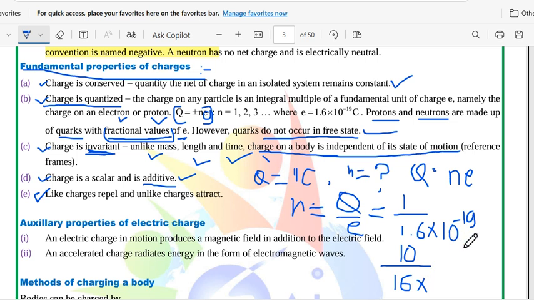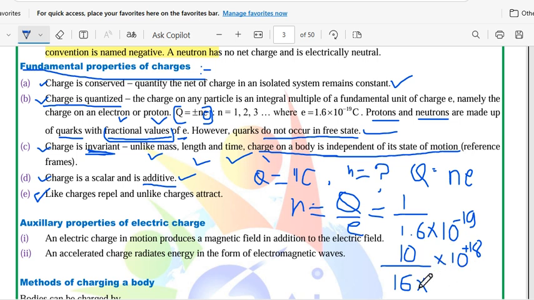If I move this 10 to the power of minus 19 above, it will become 10 to the power of plus 18, because we have taken it as 10. How did I take this? By dividing and multiplying by 10 on both sides.